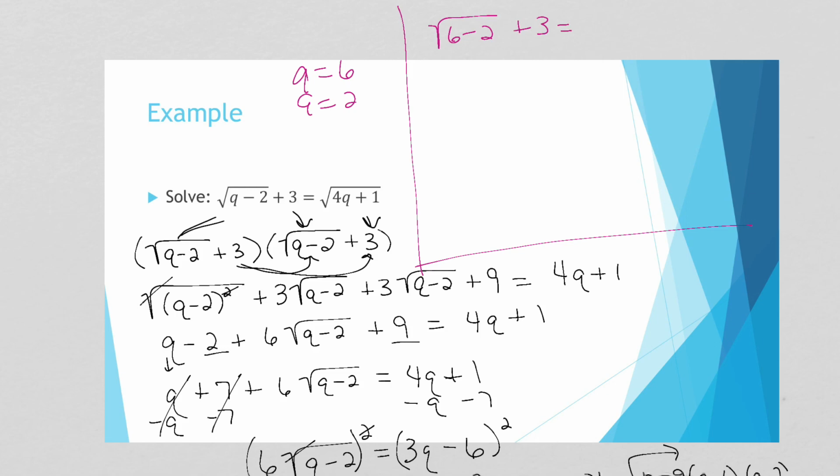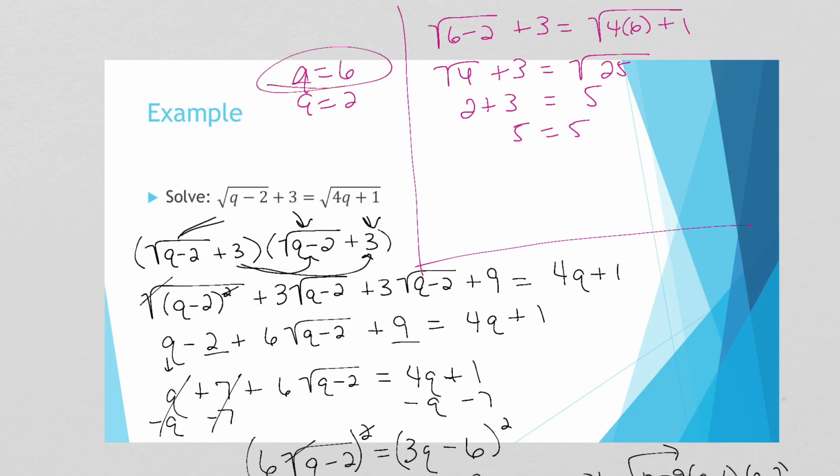Is that equal to the square root of 4 times 6 plus 1? So I've got the square root of 4 plus 3, and I've got the square root of 24 plus 1, which is 25. So I've got 2 plus 3 is equal to 5. Yep, 5 equals 5. We did good. So 6 is a good answer.